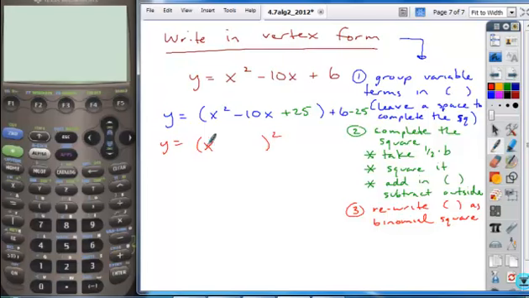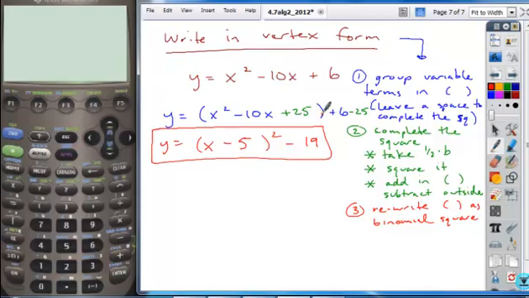The first term will be x, the second term will be half of this b value. So half of -10 again was a -5. And then on the outside, we combine our like terms. So 6 and a -25 nets you -19. And so we have our vertex form.